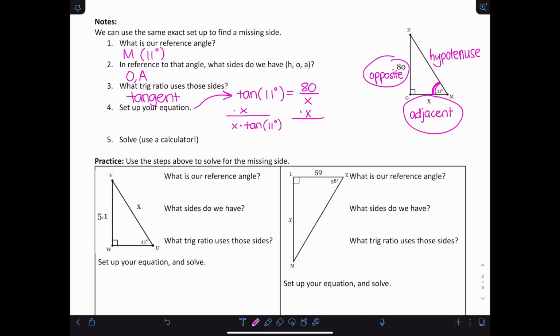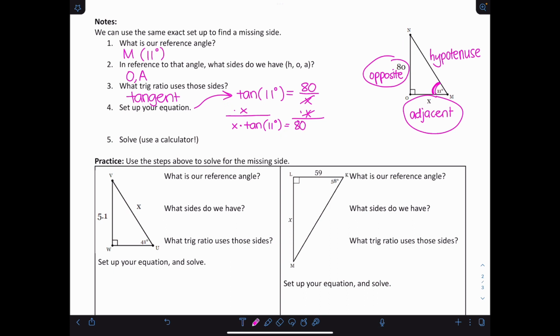Don't be weirded out by the fact that this has lots of letters. Tangent of 11 is just an ugly number, but treat that whole thing as though it were just a plain number. On the right side of the equal sign, we have 80 divided by x times x. So the two x's will cancel each other out, and now we have just 80 on the right.